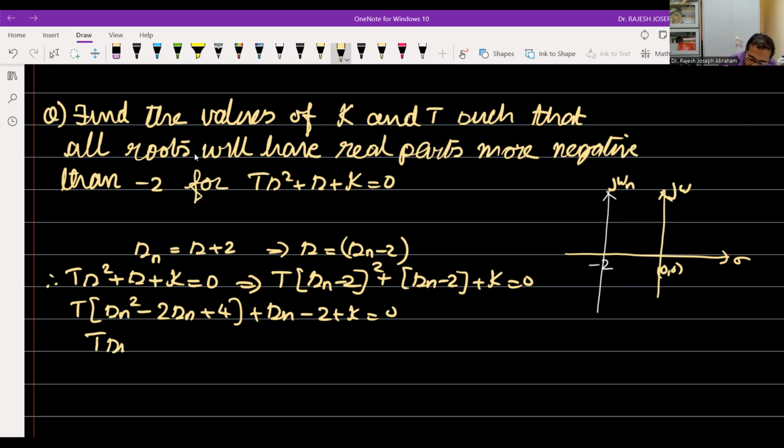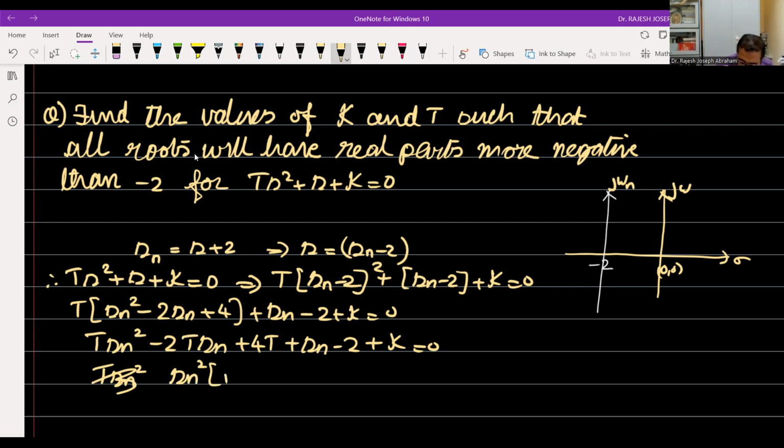So that means t s n square minus 2t s n plus 4t plus s n minus 2 plus k equal to 0. Did I make a mistake here? 4t. This becomes 4t.